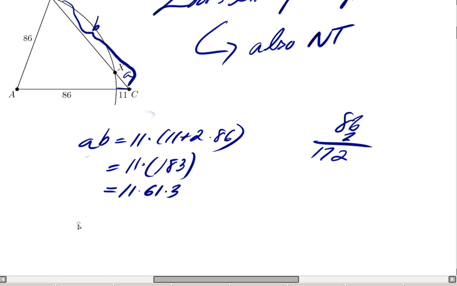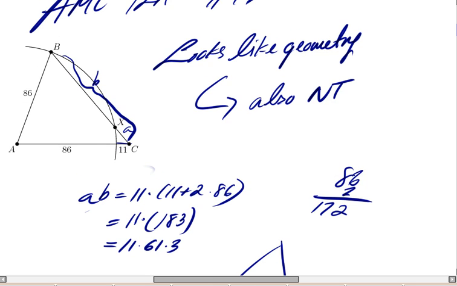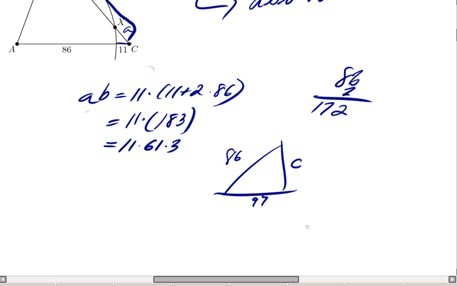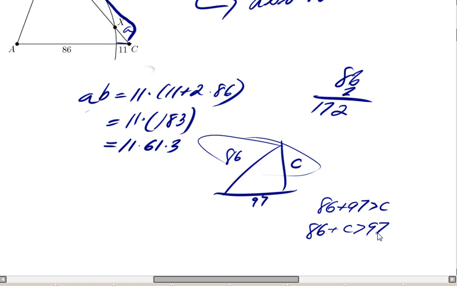Now, the first thing to be very careful of is we want BC, which is a length of a triangle, and we have 86, 97. But the third triangle length, call it C, has to be less than the sum of the other two, and also this pair needs to be greater than 97, and so on.